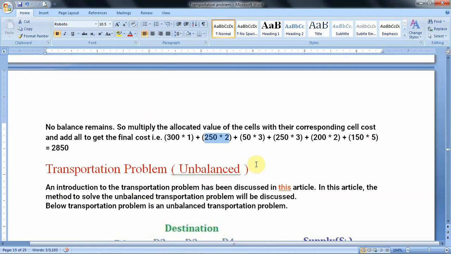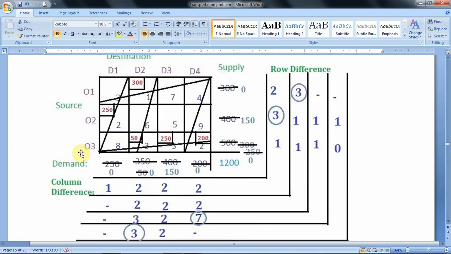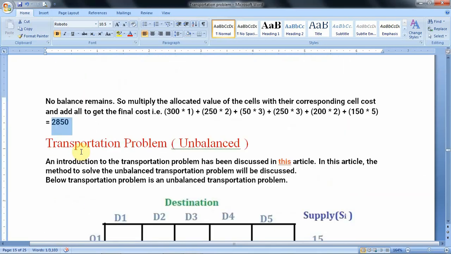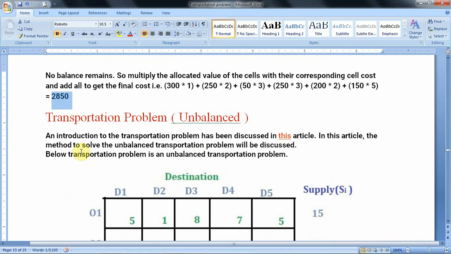That calculation gives 2850 rupees. That is the solution of the given problem by this Vogel's method.